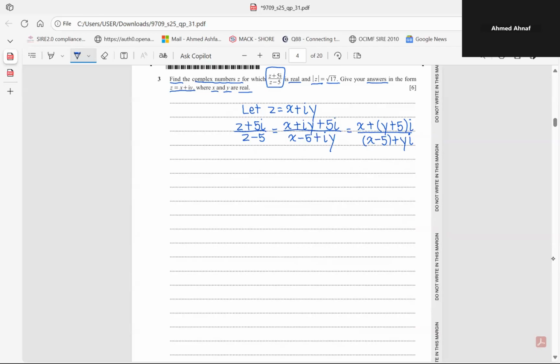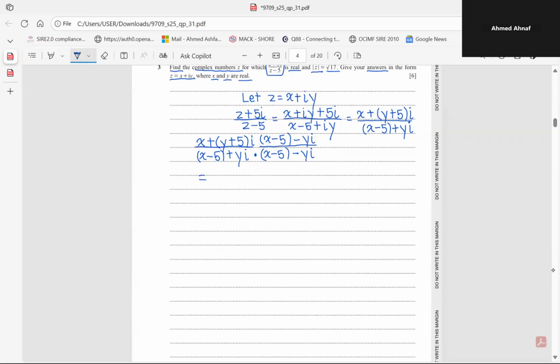So let's do that. Here we're supposed to multiply both the numerator and the denominator by x minus 5 minus yi over x minus 5 minus yi.